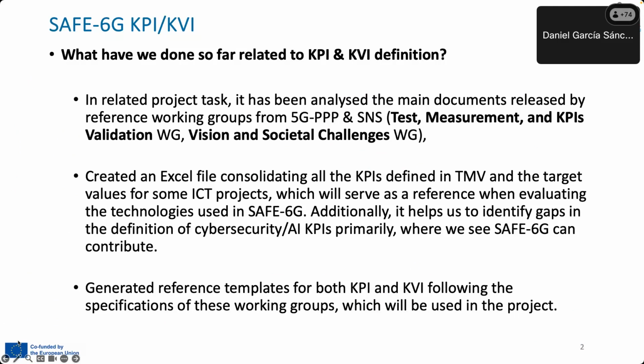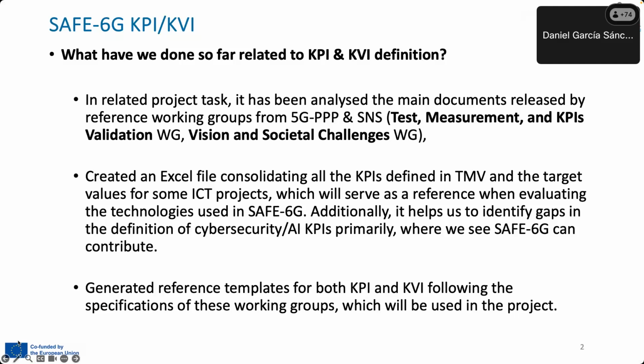So everyone in Safe 6G can review them and set it as reference when selecting KPIs for their technology, and quickly realize if the target value proposed in the standards is suitable or it's required to define a new one for the scope of our work, as it has been defined by other ICT projects.